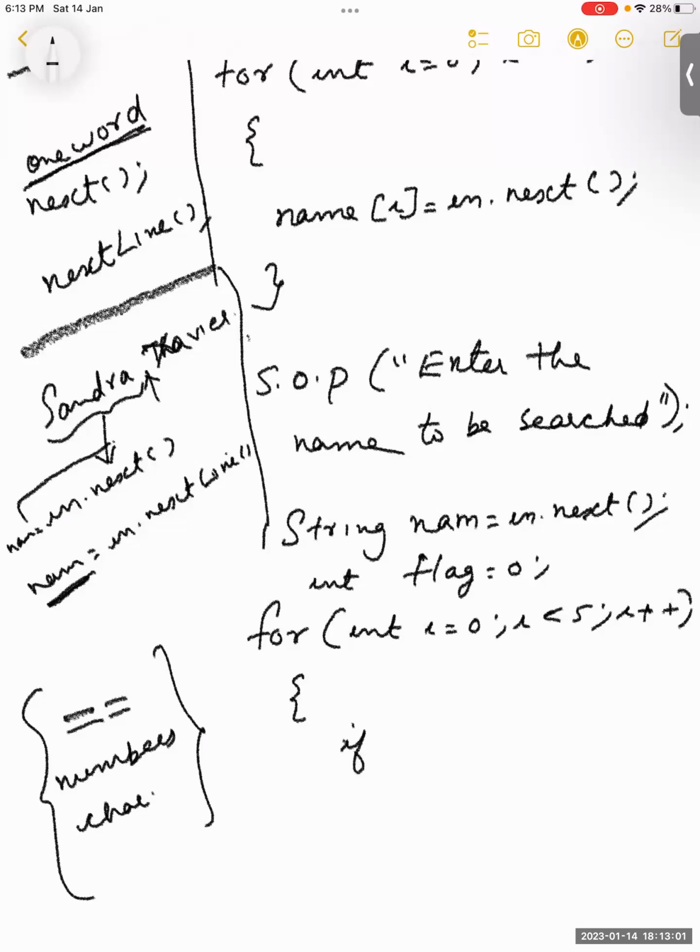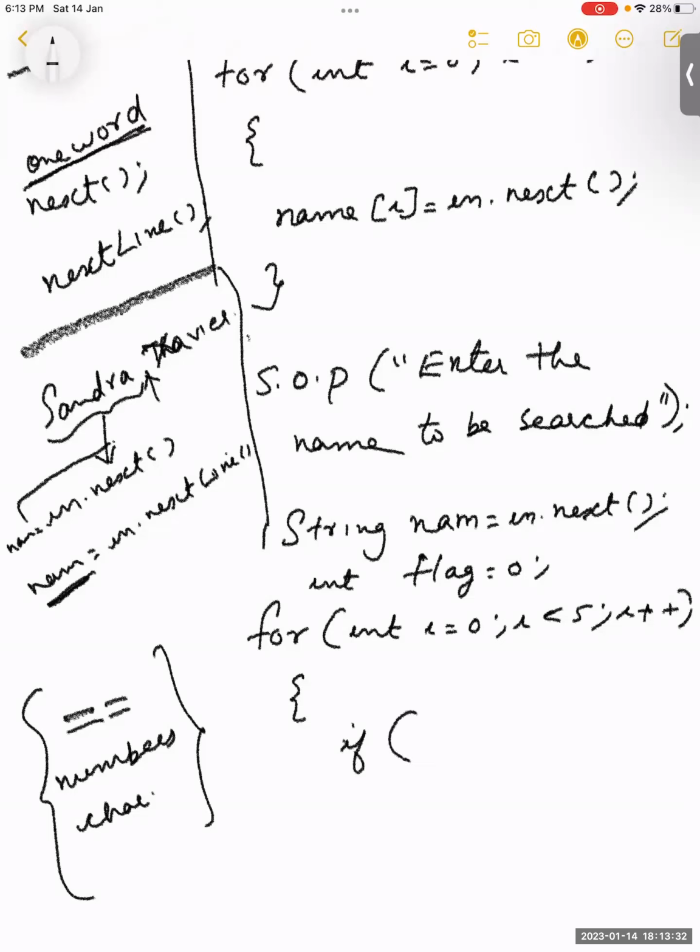How do you use equals ignore case? I would prefer to go ahead with equals ignore case, because if you are not using equals ignore case, even if one letter is uppercase or lowercase, it will show they are not equal. So don't go with equals, just go with equals ignore case. How do you do it?